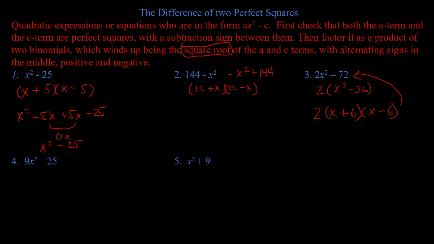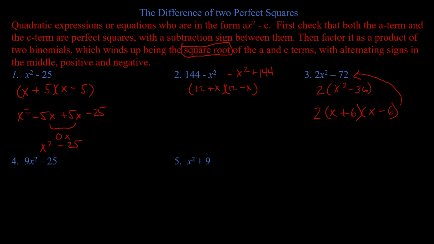So now I notice that in question 4, the x squared term, or the a value, is not 1, and the c value is not divisible by any factors the same as that 9 is. So there is no greatest common factor I can take out, but I do notice that this is a perfect square, that 9 is a perfect square, and the 25 is a perfect square.